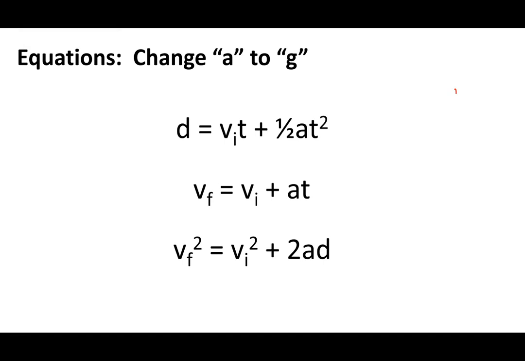Anytime we see that A, what we should think is the acceleration due to gravity. And so it says here to change A to G. So anytime we see an A, we automatically change it to a G because it is the acceleration due to gravity. Now, let's do some examples.